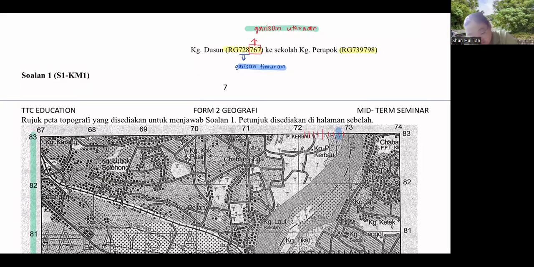So 73.9. Okay, means 73.9. So look at it, 73 is here. Okay, so you measure, cut it into half. 1, 2, 3, 4.